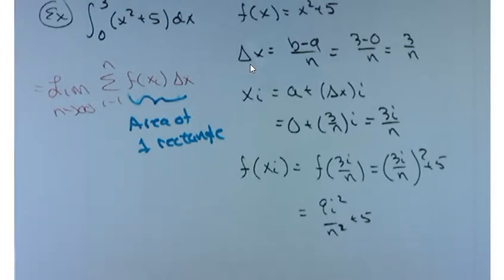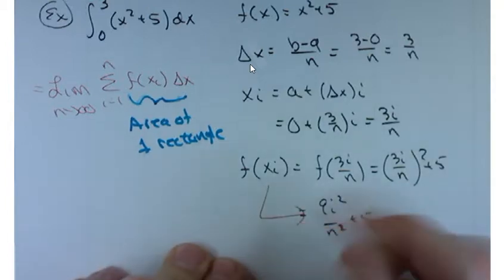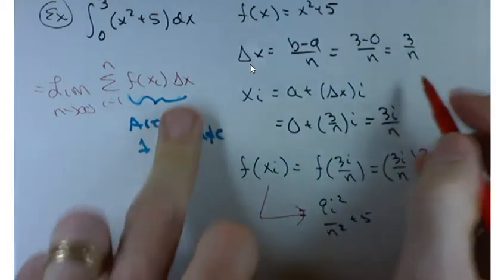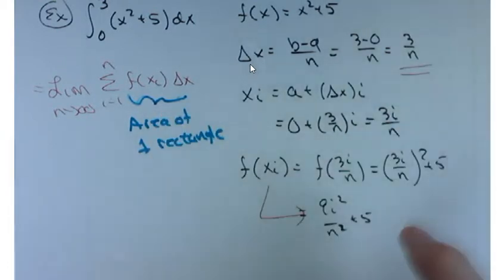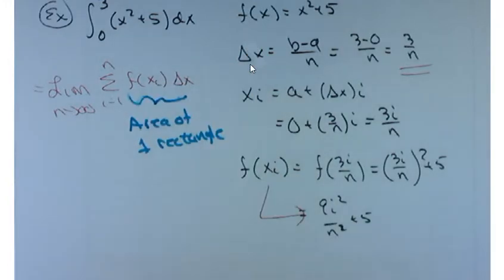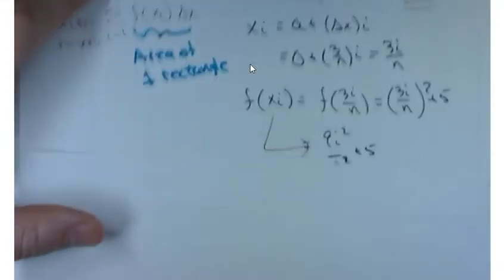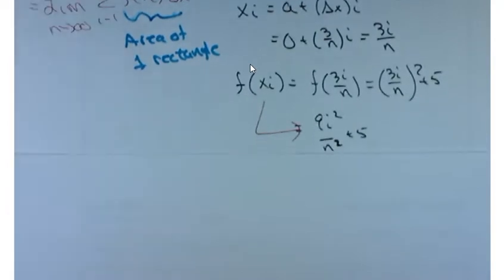Okay. Well, I've got to put a few things together. I've got my f of x sub i. I've got my delta x. I need to put those things together right here. And I think I'm going to go to another sheet to do that. So I want the limit.